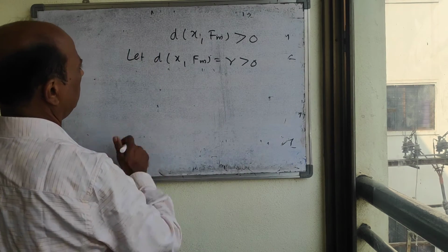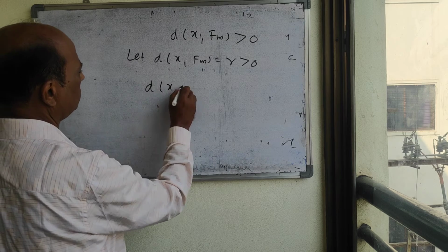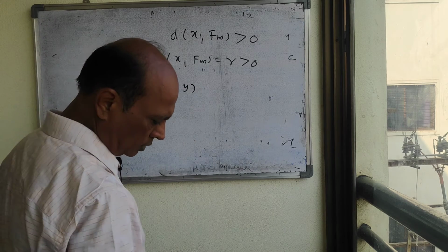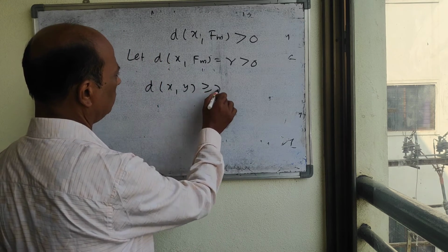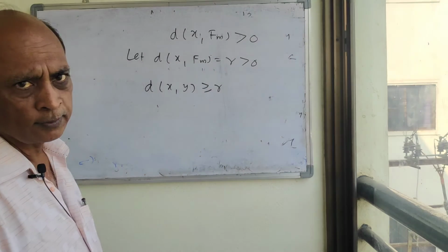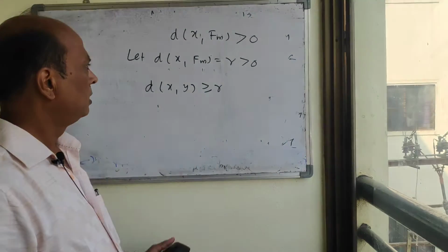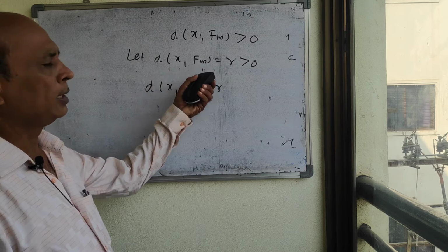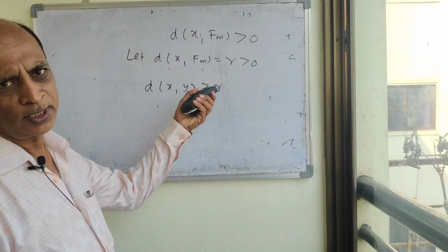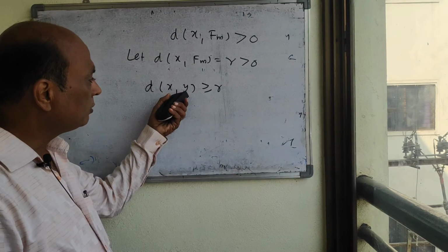Then d of x, y is greater than or equal to r. How have we written this? d of x, Fm, where Fm is a set and y is one point.